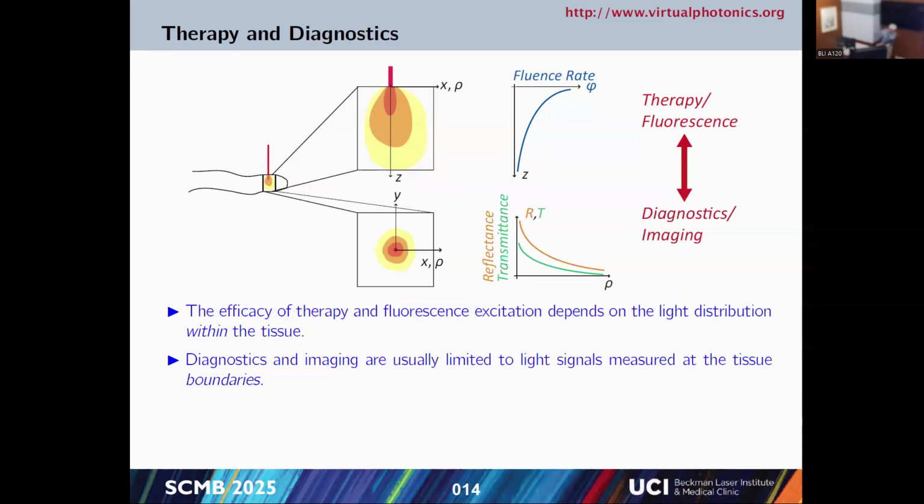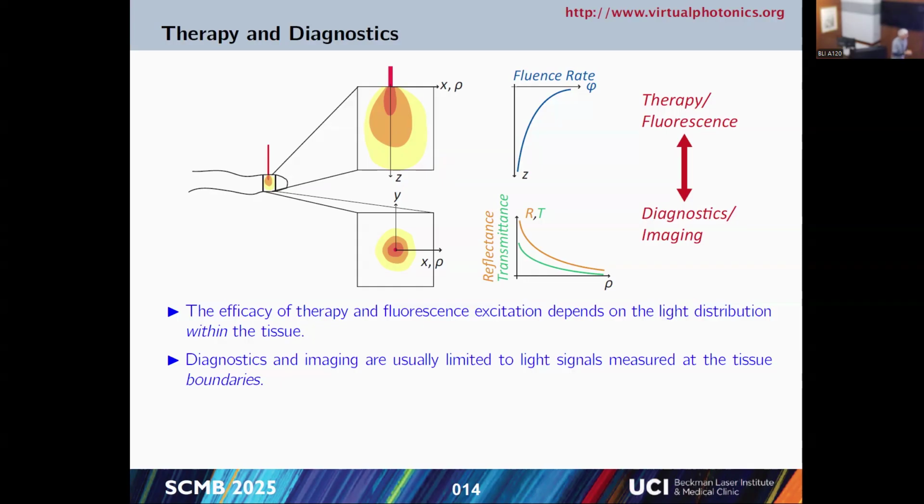Now, in diagnostics, it's not like you don't care about what happens inside, but you're only limited to looking at the surface, right? In a pulse oximeter, you don't even image. You just measure the total amount of light coming out the other side. But in imaging applications, you may have access to the spatial distribution of the light, either reflected back or transmitted through the finger, right?